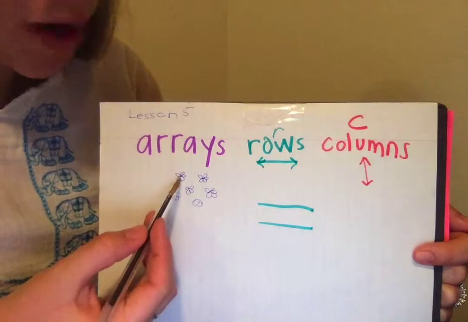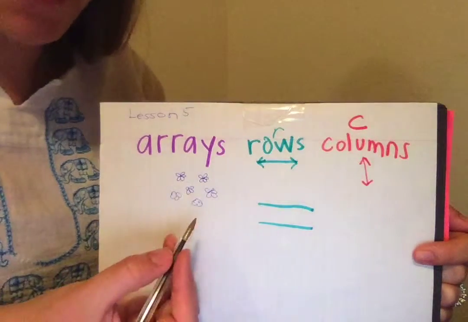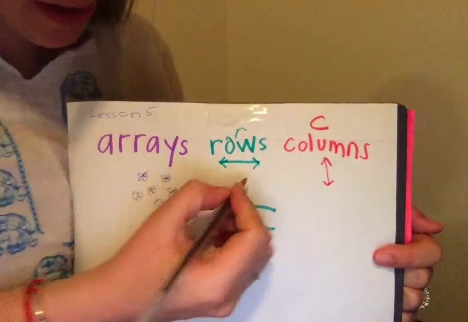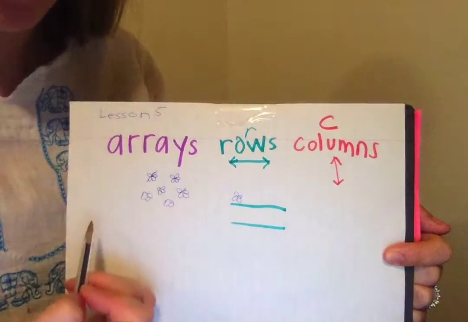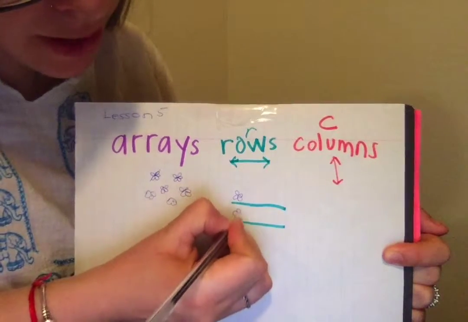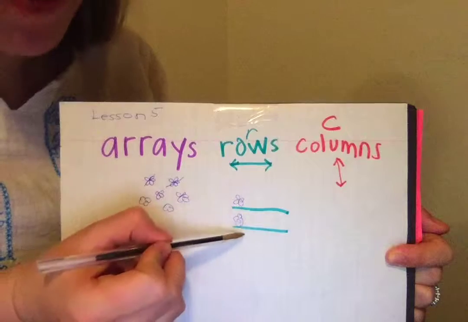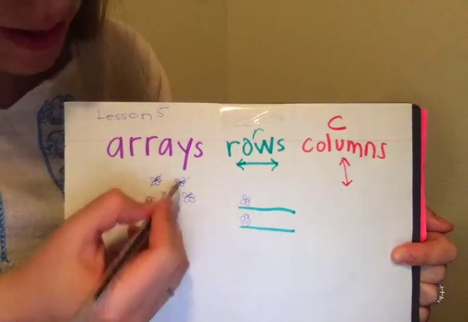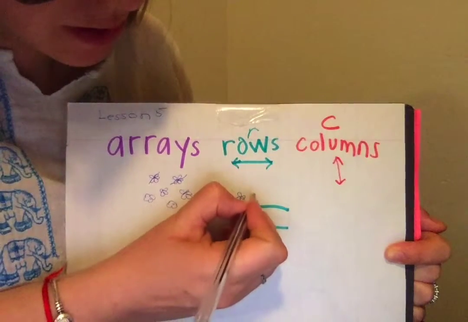So I'm going to take one at a time and start drawing them on my rows, okay? So I'm going to take the first flower, cross it off because I already used it. And I'm going to use another flower and put it on the bottom one. When I have one on top, I should have one on the bottom. Now I've used 2. Now I'm going to go again. I'm going to use another one.